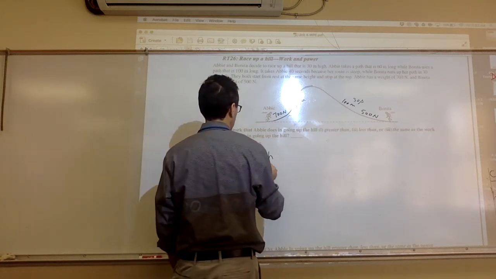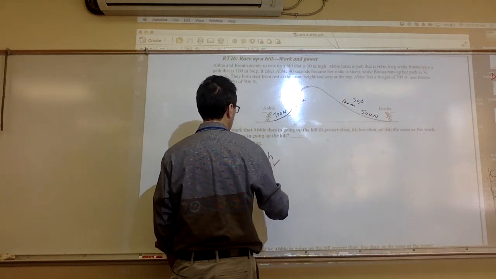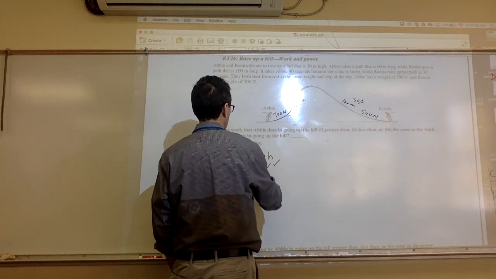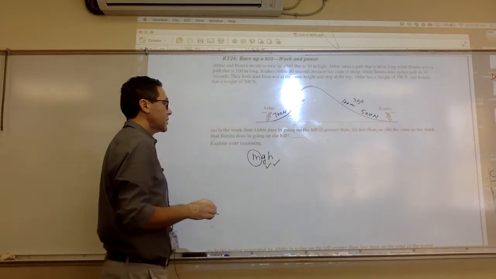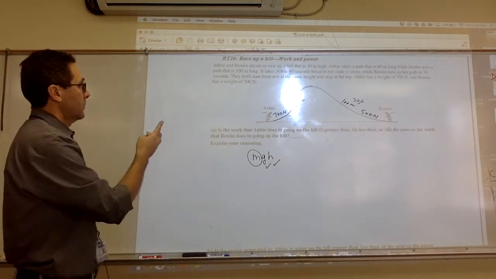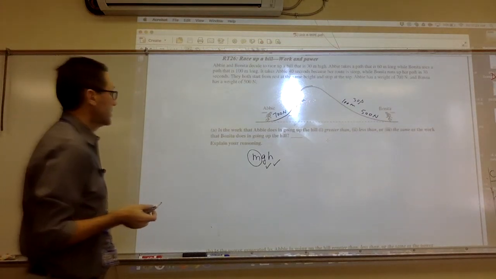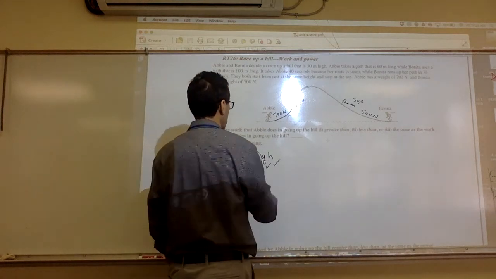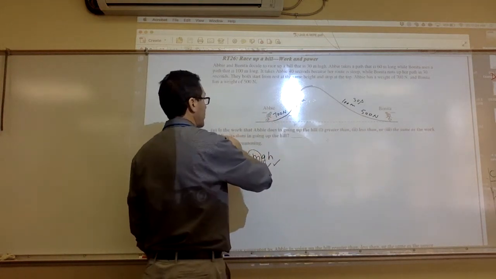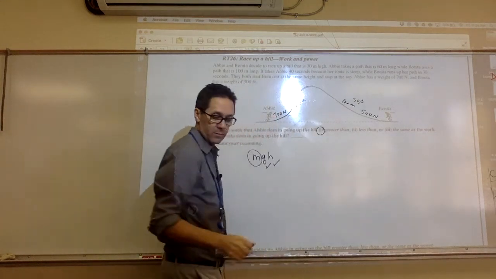Now, the height is the same for both, the g is the same, and the one that's going to do more work is the one that's heavier, which actually makes sense, right? This is similar to the lab we did going up the stairs. So Abby will do more work. So is the work that Abby does greater? Yeah, it's greater.